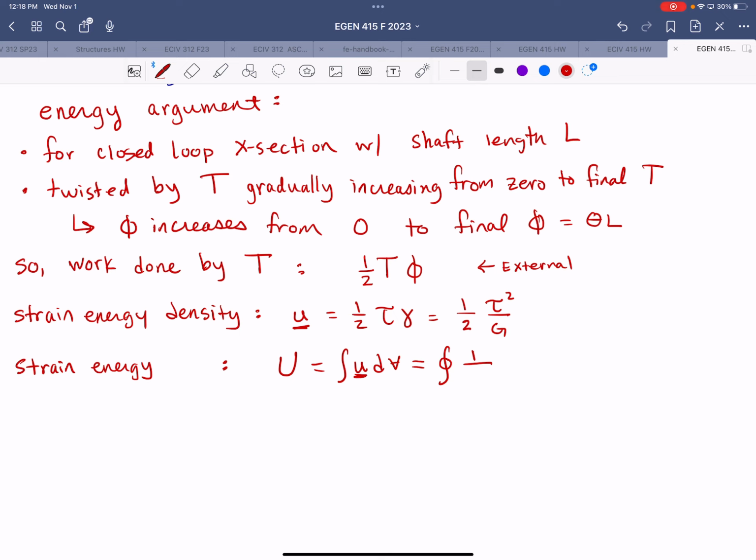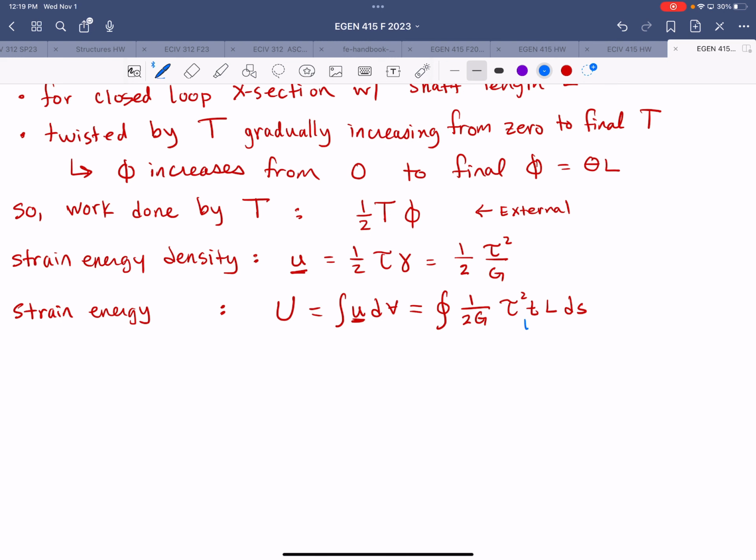And inside the integral, we have 1 over 2G times tau squared times the thickness times the length times ds. All right, so the last 3 terms that I wrote down represent the volume.